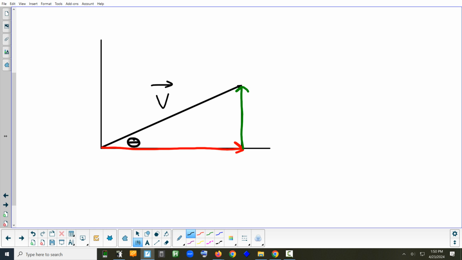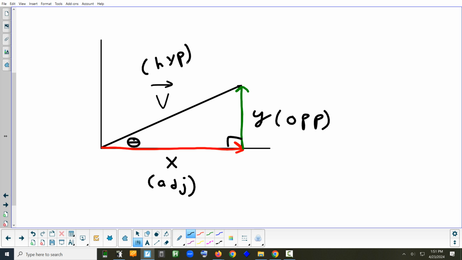I'm going to name these other two sides x and y. What position is the side labeled x relative to that angle? Adjacent. What position is the side labeled y relative to that angle? Opposite. And the side that has the vector v is the hypotenuse.